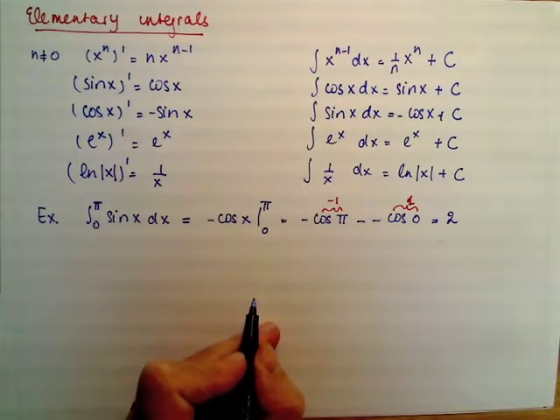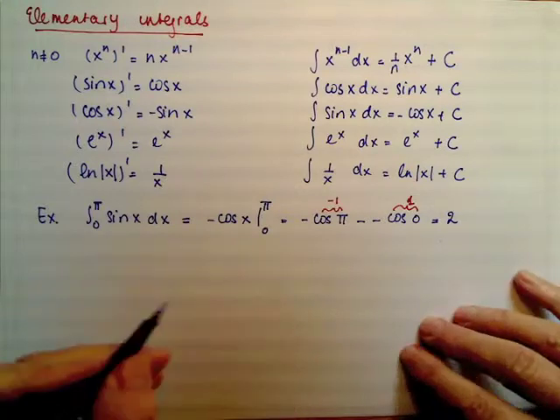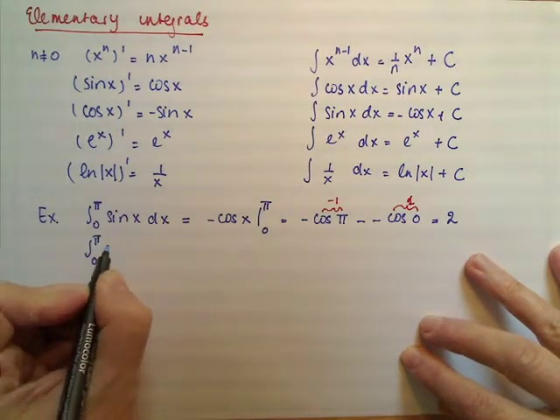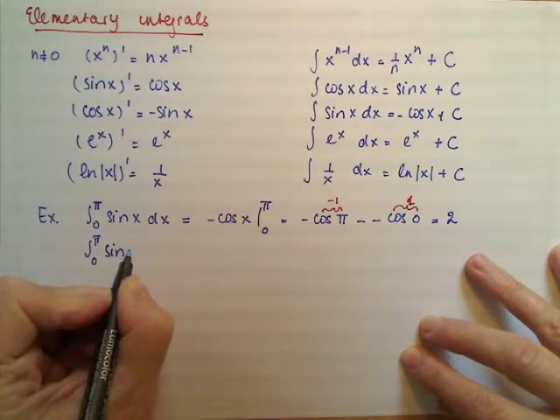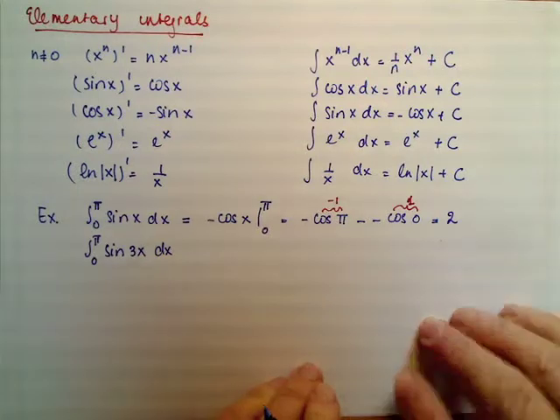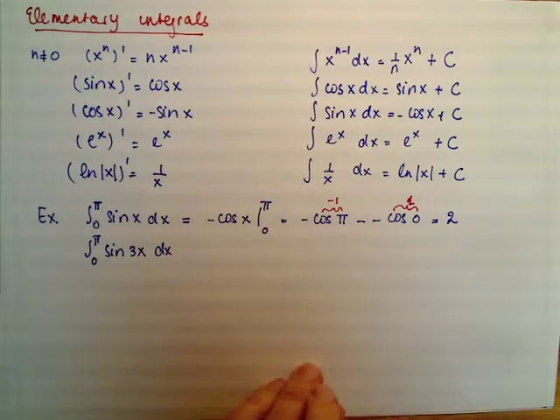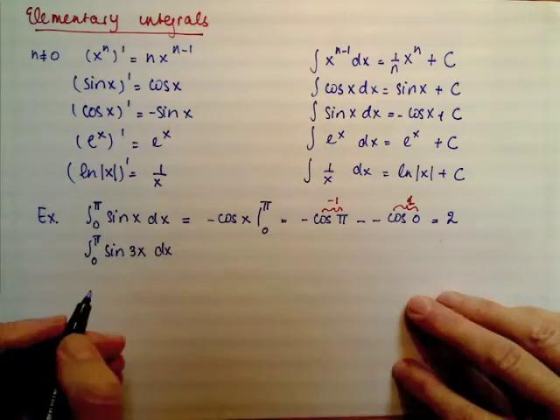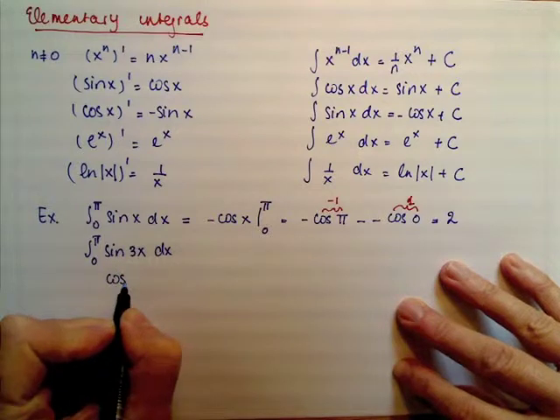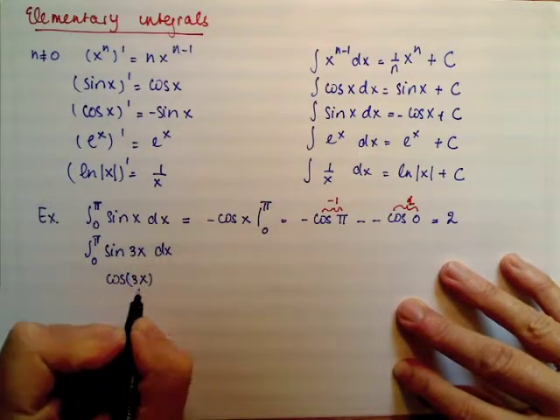Now we want to make things a little bit more complicated, and calculate the integral from 0 to pi of sine of 3x dx. Clearly a primitive of the sine should be cosine, so probably it has to do with cosine of 3x. Let us differentiate cosine of 3x.